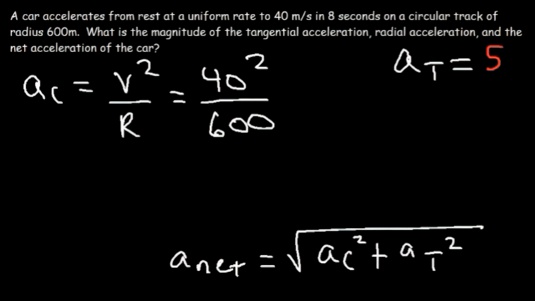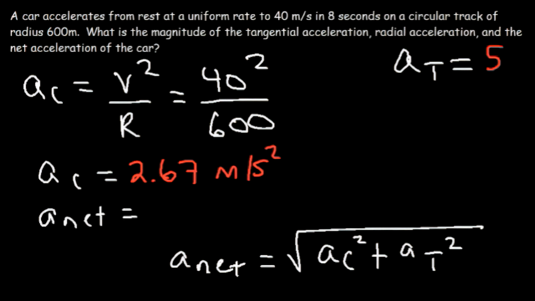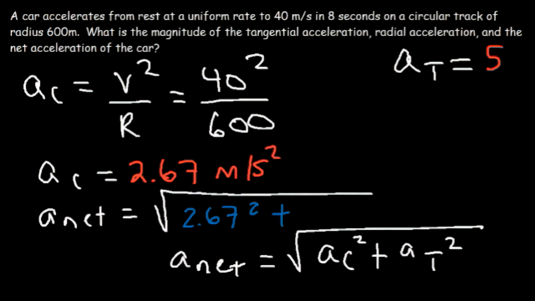So when the speed is 40, the centripetal acceleration is 2.67 meters per second squared. So now we could find the net acceleration. It's going to be the square root of 2.67 squared plus 5 squared.